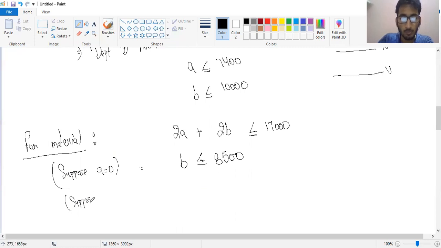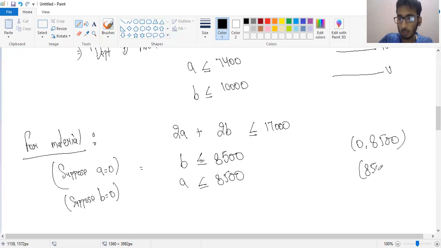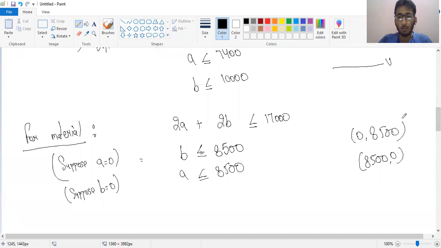Suppose B equals 0, then A would be less than or equal to 8,500. So the two points we have created are 0, 8,500 and 8,500, 0.